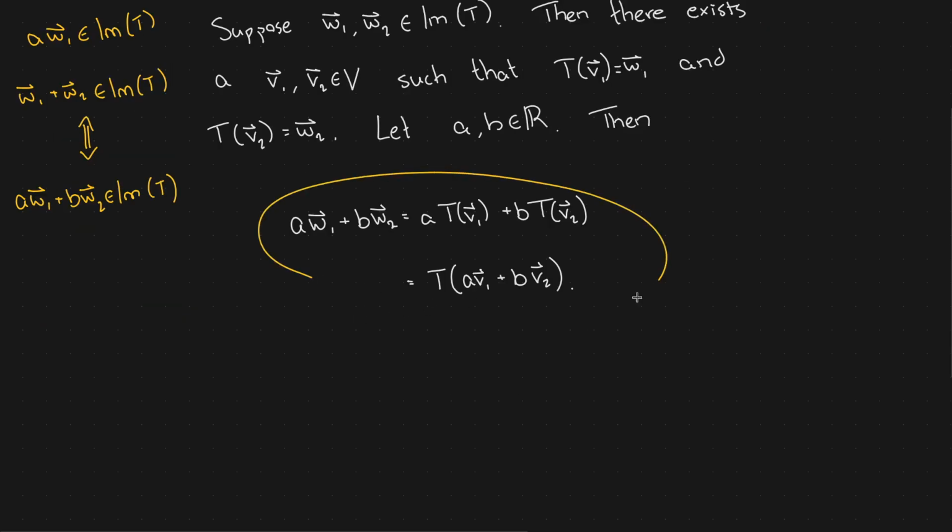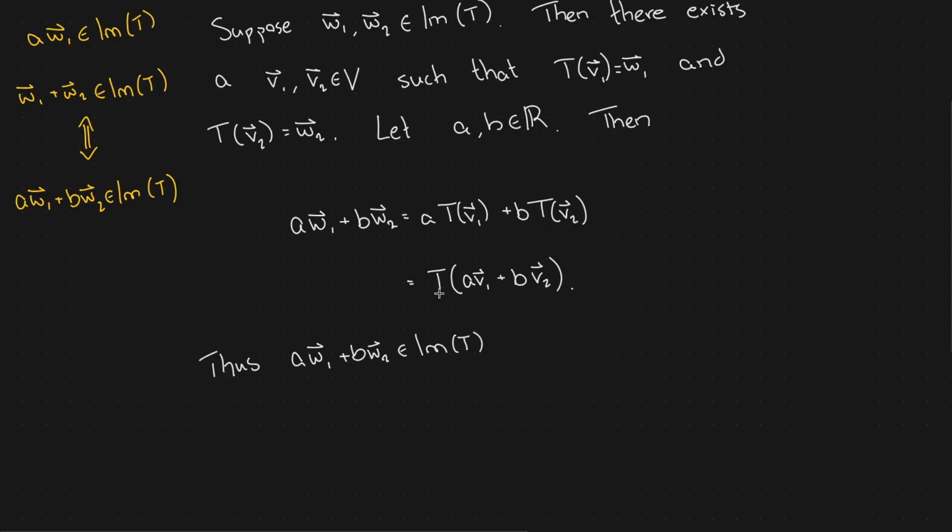So this is exactly what it means to be in the image of T. Thus, AW1 plus BW2 is in the image of T because I can take the transformation of something in the domain and get this. And that's what it means to be in the image. So thus, this linear combination is in the image of T, meaning the image of T is a vector space.